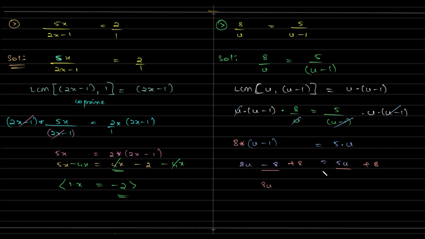So you have 8u is equal to 5u plus 8. Next step is negative 5u on both the sides. So we have 8u minus 5u, that is 3u, is equal to, cancel, and we have 8. The last step is to eliminate this 3 by dividing with 3, and so you have u is equal to 8 by 3.